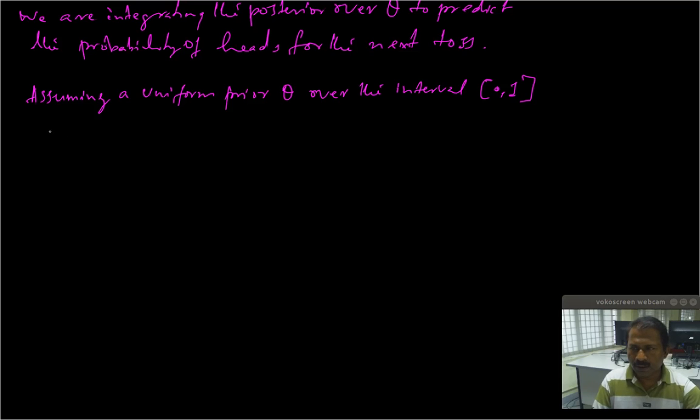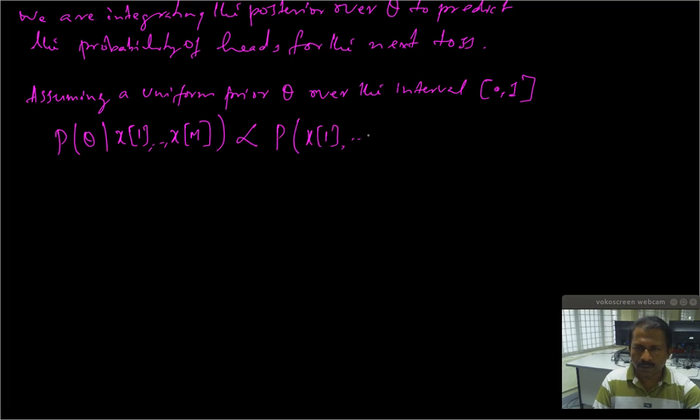So then P of theta given x1 up to xm is proportional to the likelihood, right? The likelihood is P of x1 up to xm given theta.